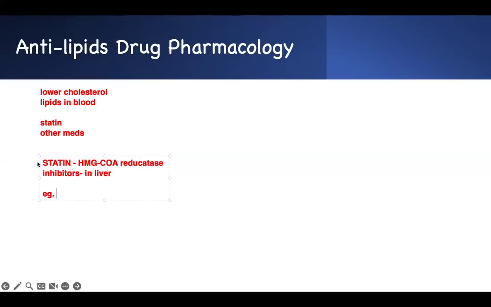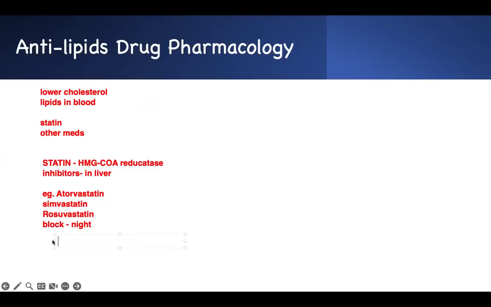Atorvastatin, Simvastatin, you see, he has a last name of Vastatin, or another one is Rosuvastatin. The medication goes to your liver and does its job. It blocks cholesterol formation in the night because that's where you make cholesterol, right?